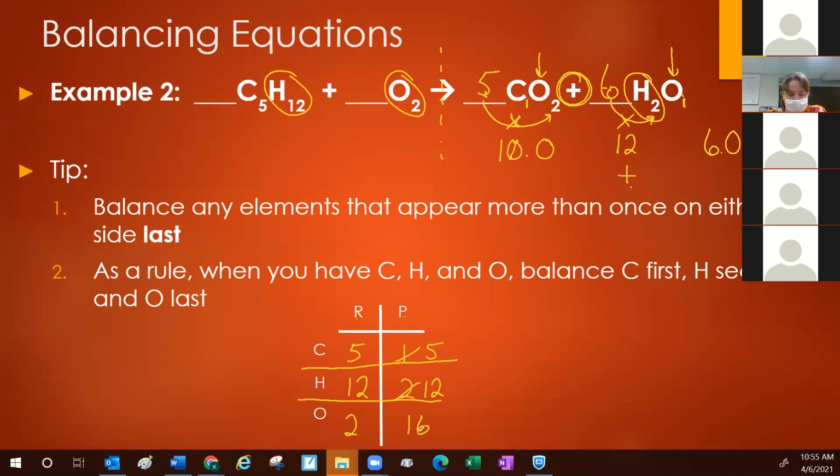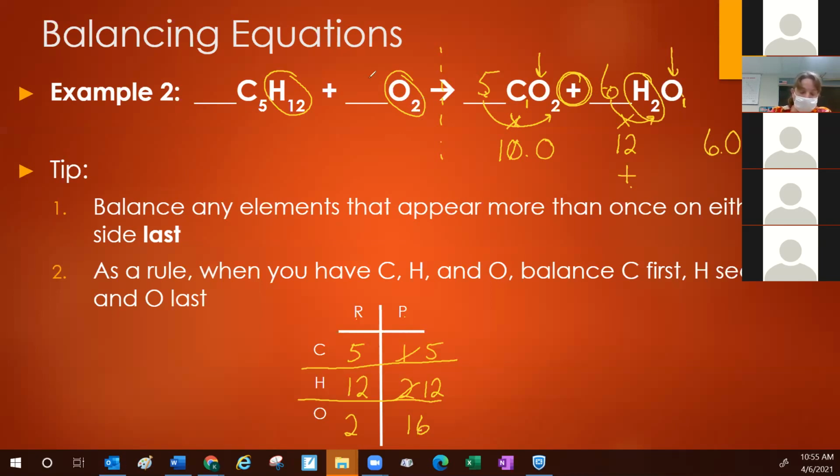Gabe, what would we have to do on the product side to make those oxygens equal? Good. Good. So because we had 2, we need to multiply by 8.